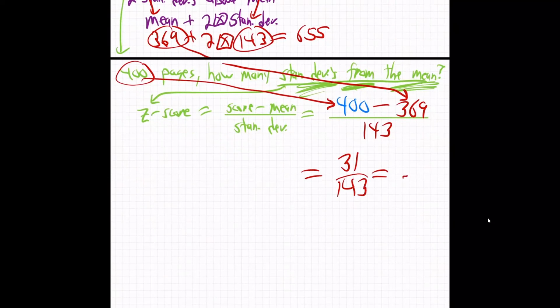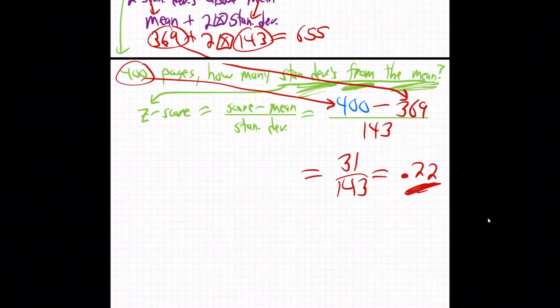You divide on your calculator, you're going to get 0.22. It's only 0.22, a small part. That's about 1/5. So it's a small part of a standard jump above the middle, meaning this book is a little larger than average because it's 400 pages and the average book is only 369, but it's not different from the middle by very much.